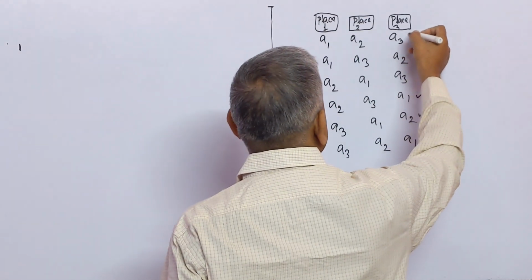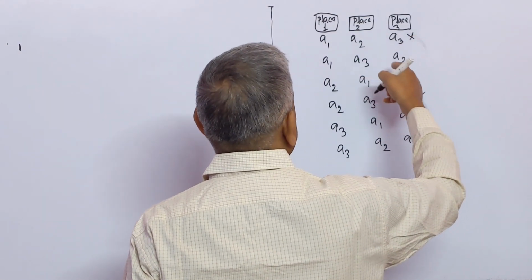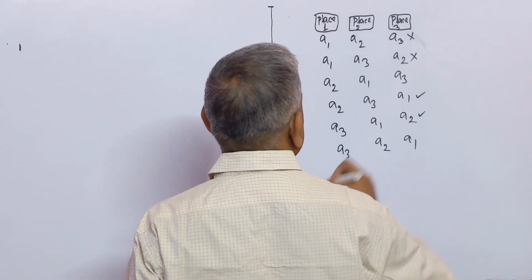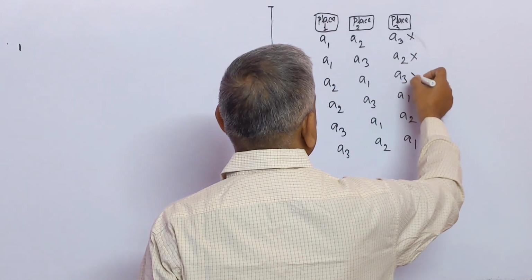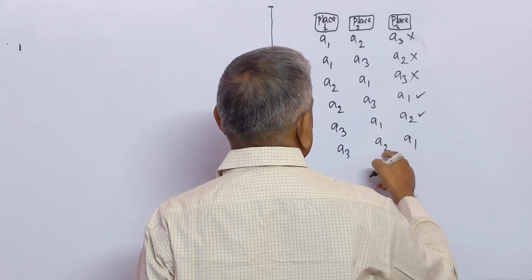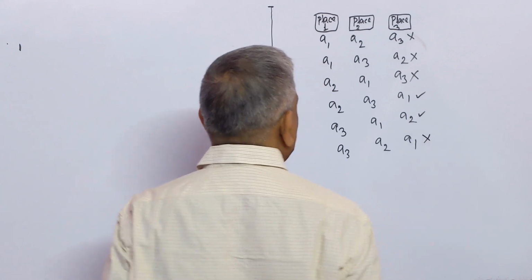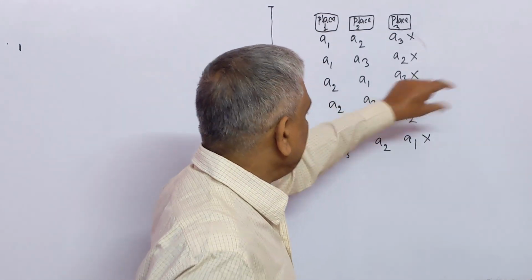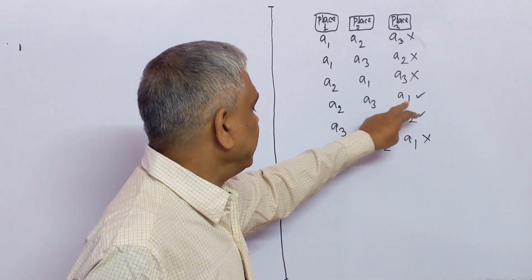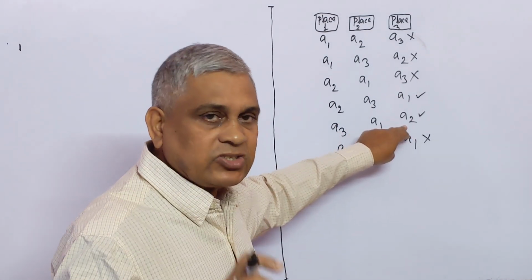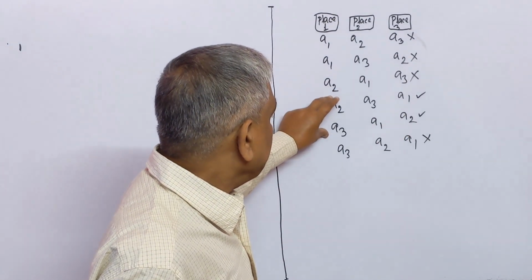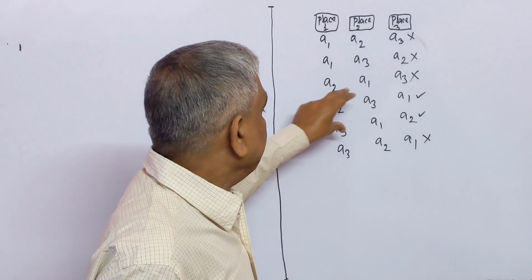So we cancel this. Here also we cancel this. A1 is in its original place. Here A3 is in its original place. Here A2 is in its original place. So we cancel these. We get only 2 permutations in which no object is in its original place. These 2 permutations are called derangements.